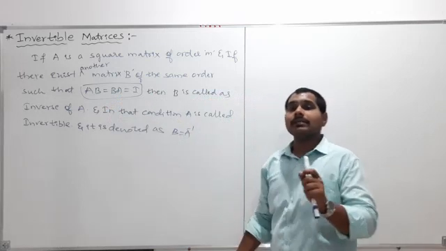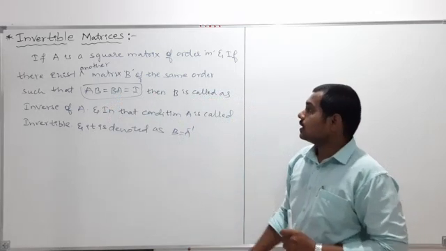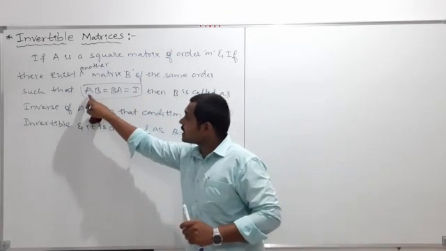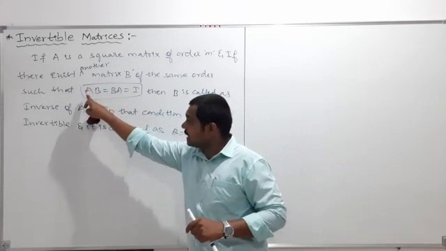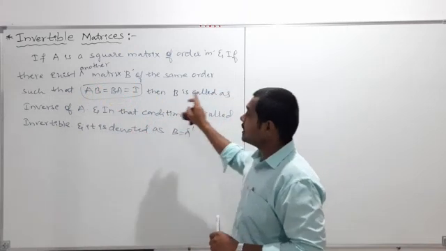I means the identity matrix. So if you get this, in such cases A is called the inverse of B, and similarly B is called the inverse of A.